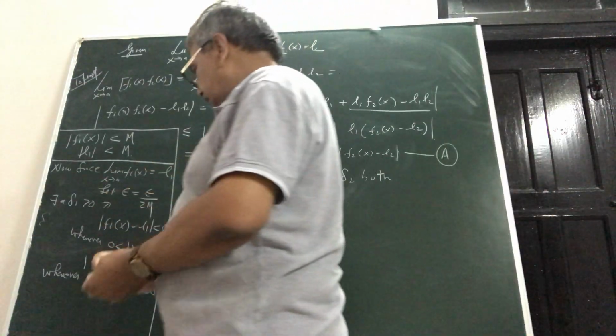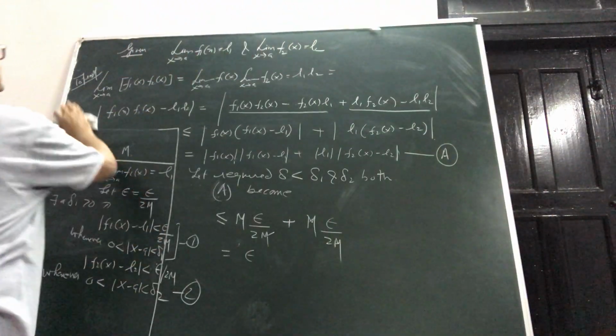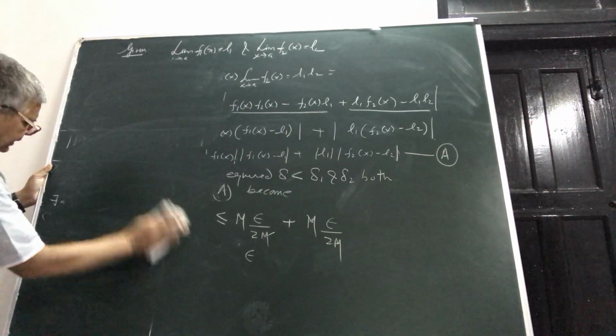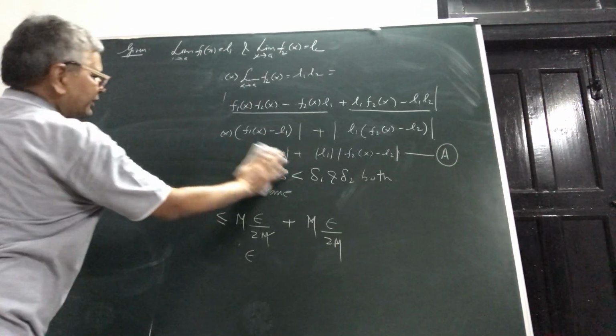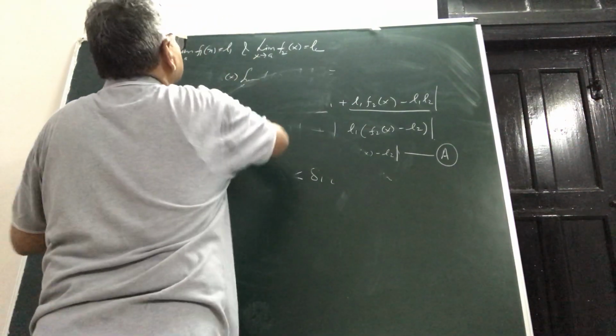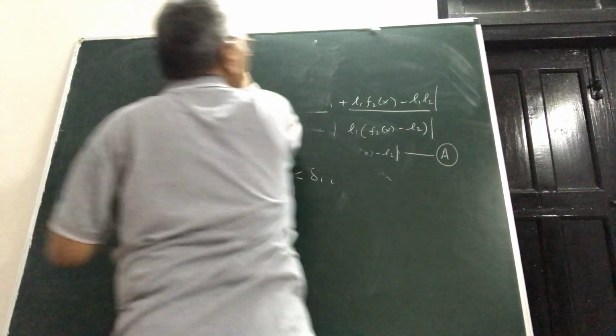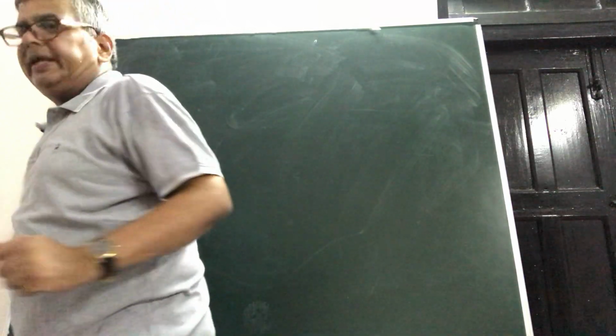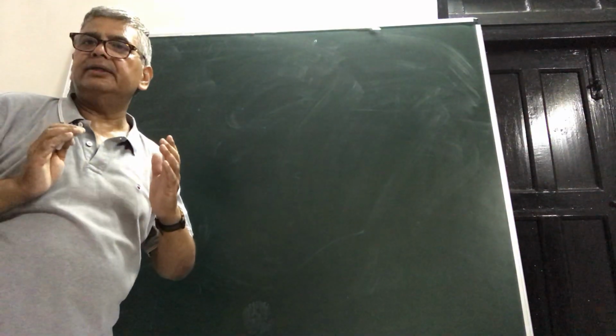Likewise, for the division of two functions, we can show that their limit is also equal to the corresponding quotient. But there you have to be a bit cautious, because there you will have something in the denominator.